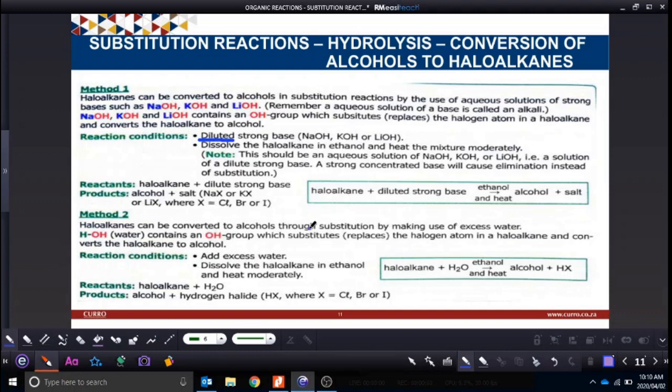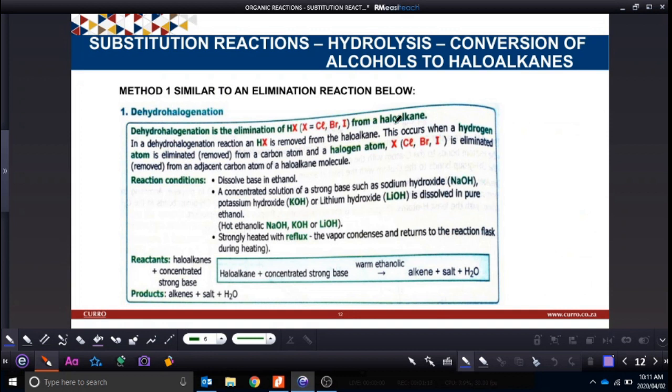You dissolve the haloalkane in ethanol and you heat the mixture moderately. This is also very important. We heat it moderately, and we should know that there is a correlation between this first method of hydrolysis and the elimination method.